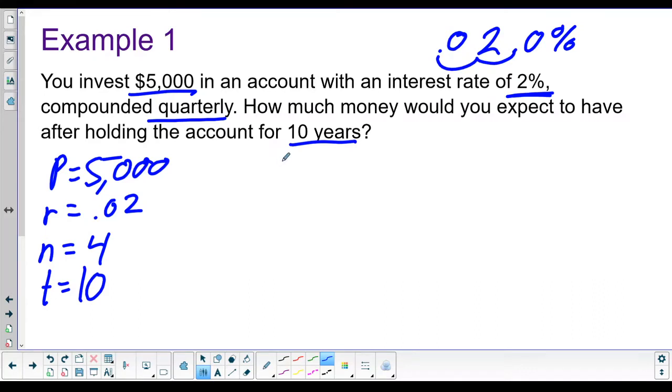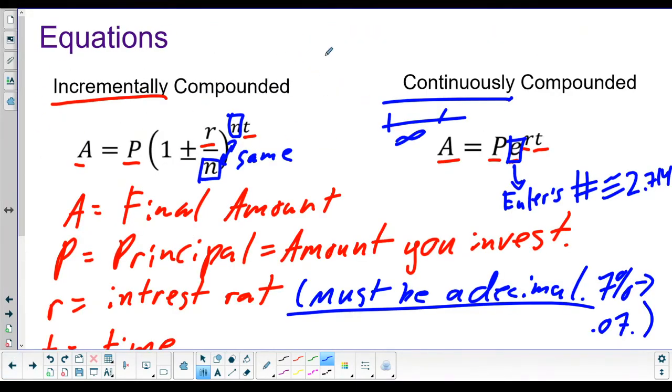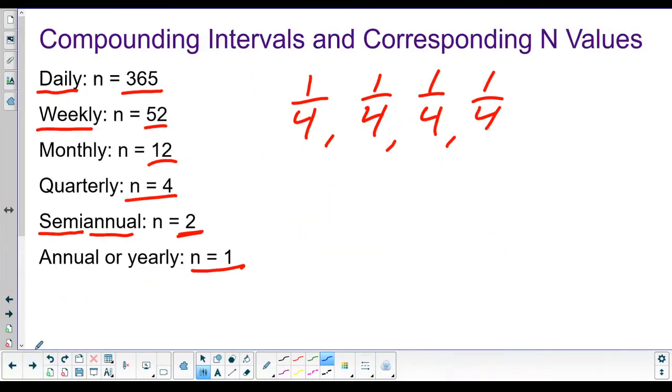So now we just have to plug this in. Because they have told us compounded quarterly, we have to use the incremental equation or the discrete equation, the one where we have the n values in there. The continuously compounded equation, we just don't have the right information. It's not going to work out right. So we're going to use this equation.